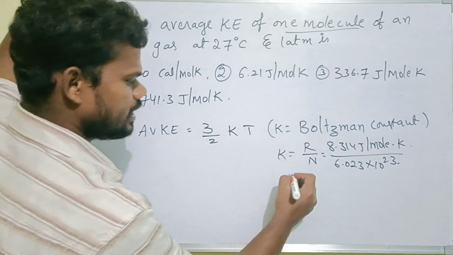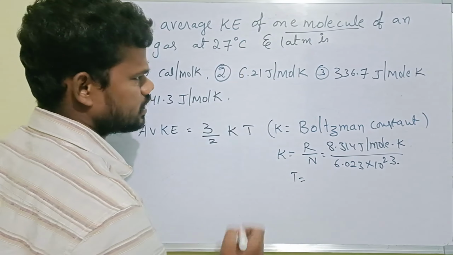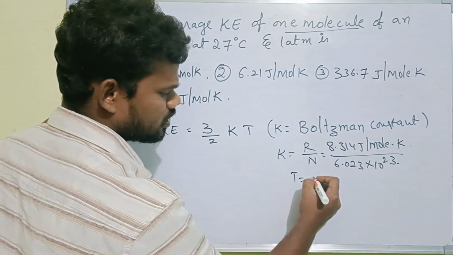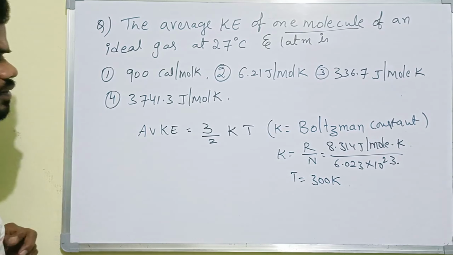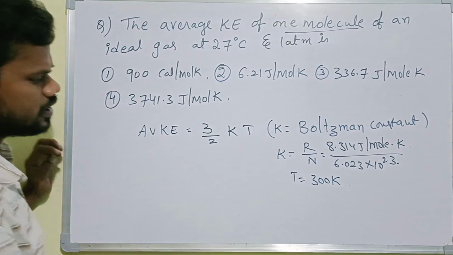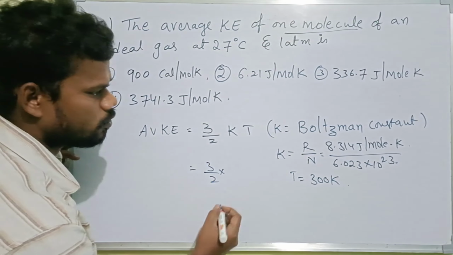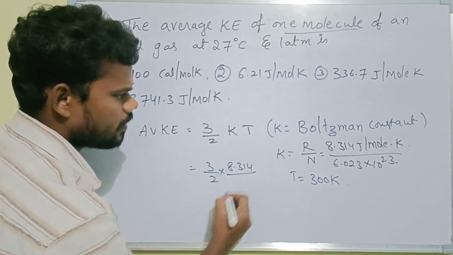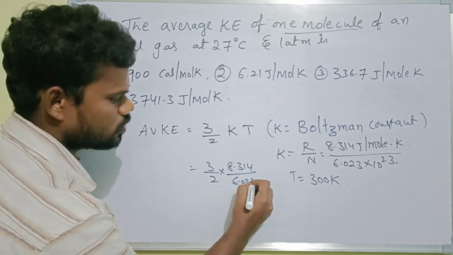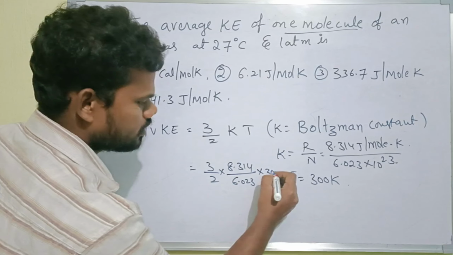Temperature T at 27 degrees Celsius is 27 plus 273, that is 300 Kelvin. Then we can substitute all these values: 3 by 2 into K, the Boltzmann constant value 8.314 by 6.023, into temperature 300 Kelvin.